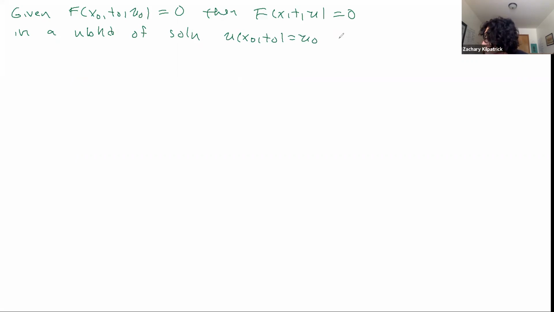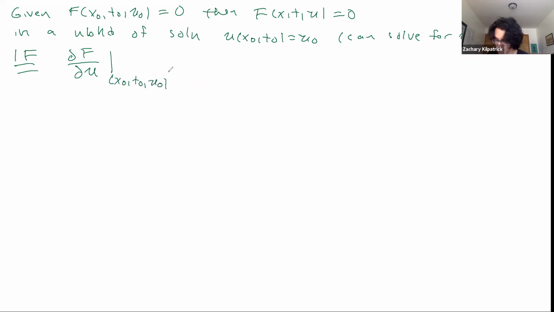In other words, we can solve for u of x,t if this is the condition that we need: the derivative of that function big F evaluated at x0, t0, u0 is not equal to 0.